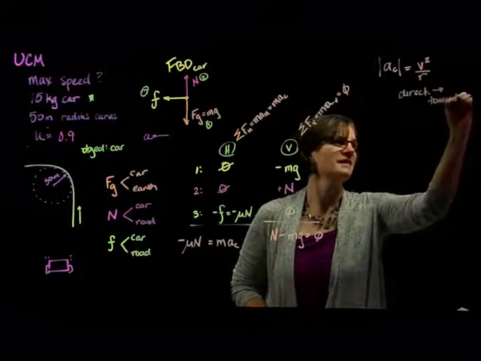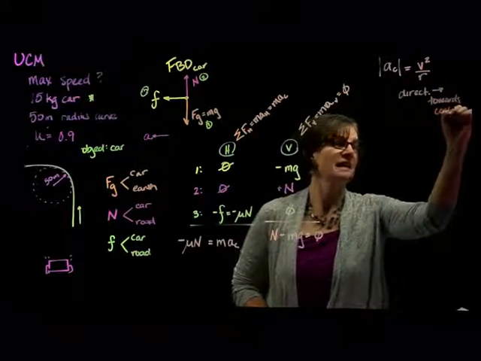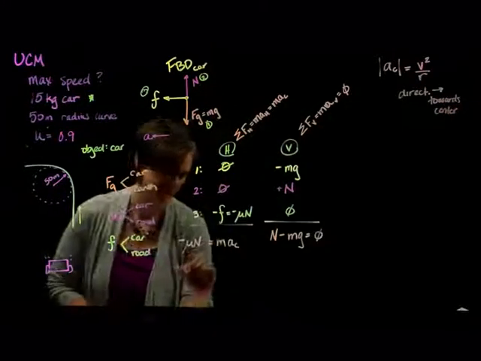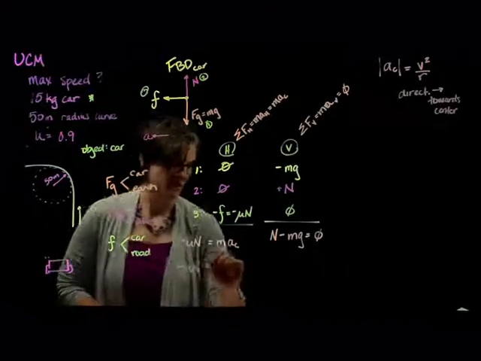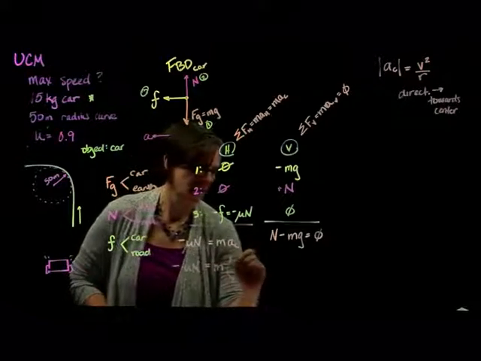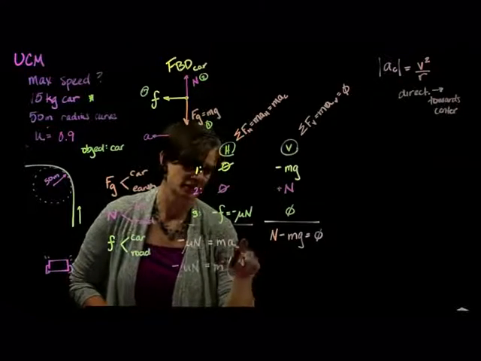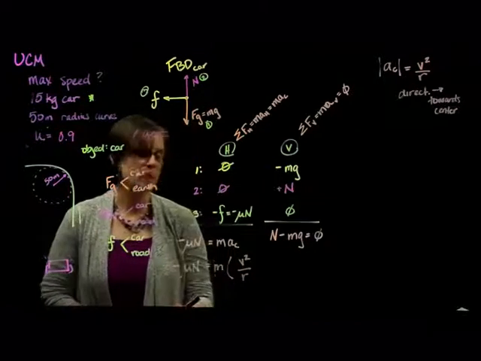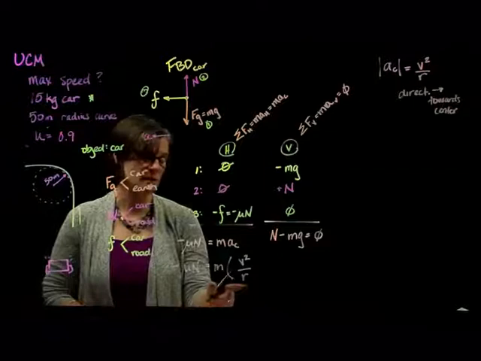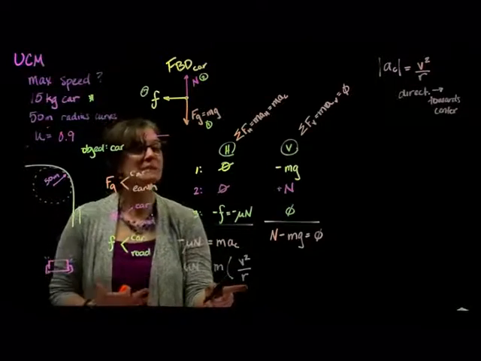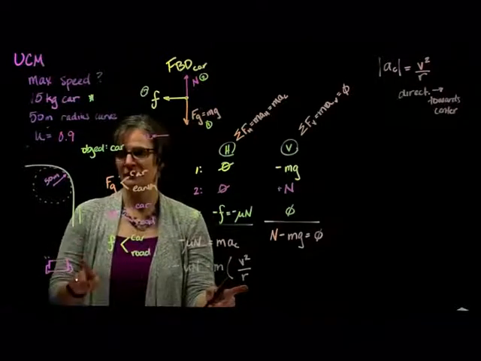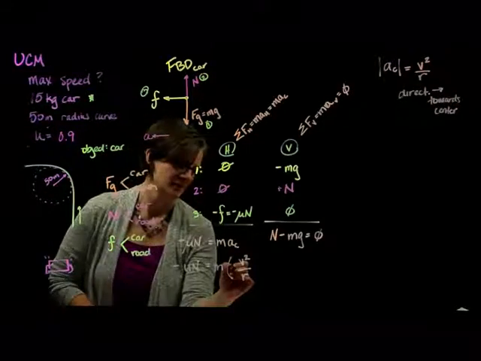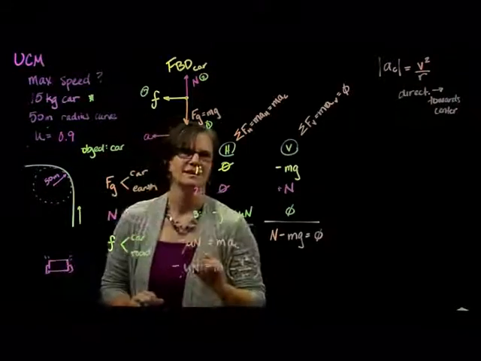So what does that look like in our problem? Well, we'll keep our forces down here. We have the mass. Our magnitude of the centripetal acceleration is v squared over r, and our direction is towards the center. We have to be explicit. As soon as I put in this magnitude only, I have to be explicit about my direction. As it's moving around to the left, I see that that direction is negative.